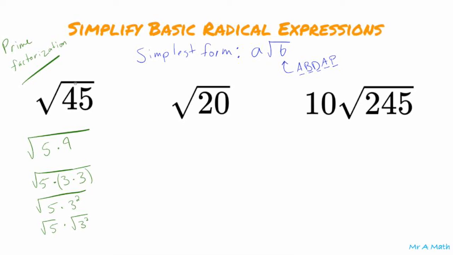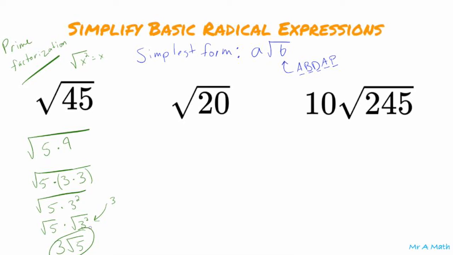We may remember that the square root of some number squared is always that number, because the square root and the squared operations are inverses. So I can think of the square root of 3 squared as just 3. Which means instead of writing it as the square root of 5 times 3, I can write it as 3 times the square root of 5.